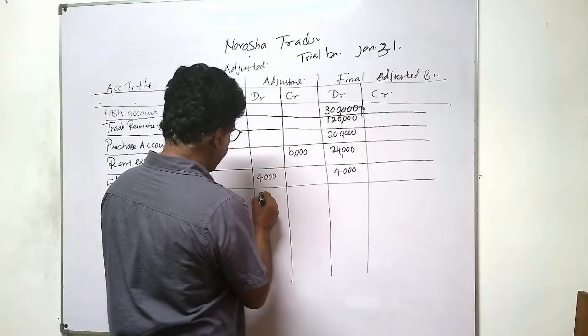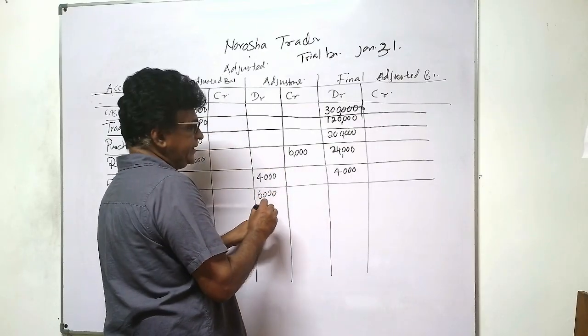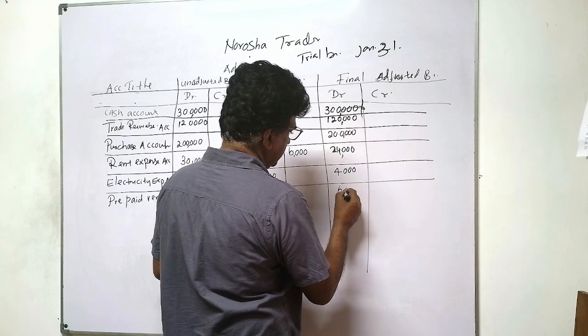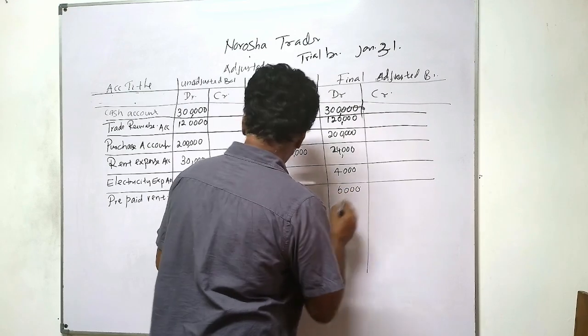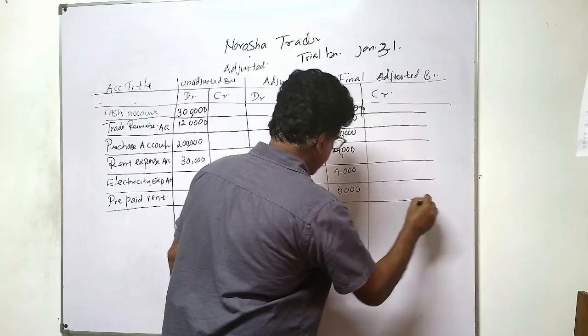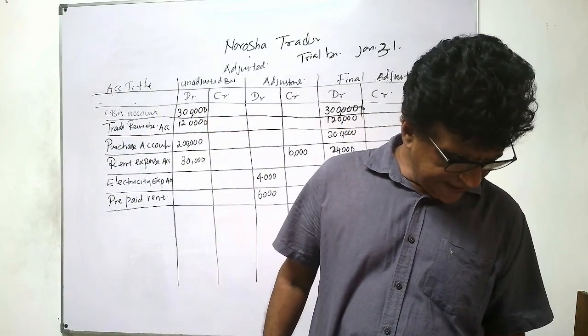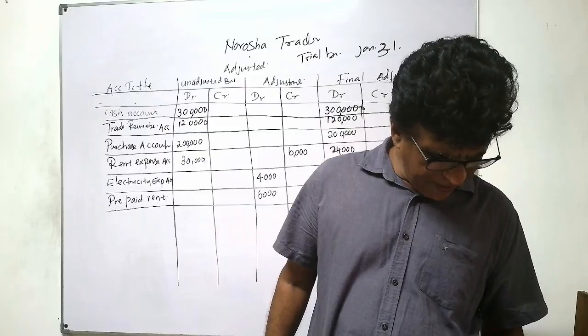We are adding that 6,000 prepaid to the debit balance. Prepaid rent account, right. And the sales account, we have an adjustment.